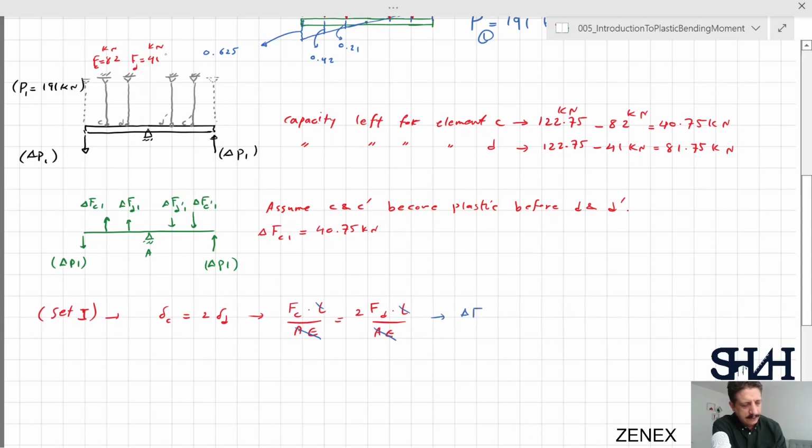So delta Fd1 will be delta Fc1 divided by 2, and it will be 20.375 kilonewton. And here you shouldn't check with the 122. You have to check with the left capacity of the relevant element. So it should be checked with 81.75 kilonewton, and this is fine.